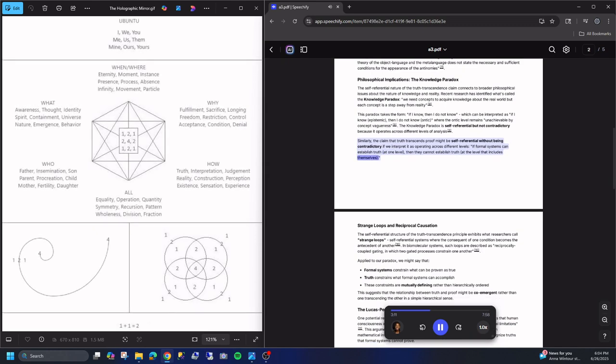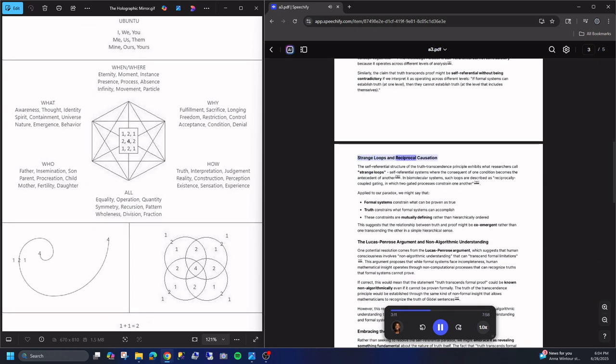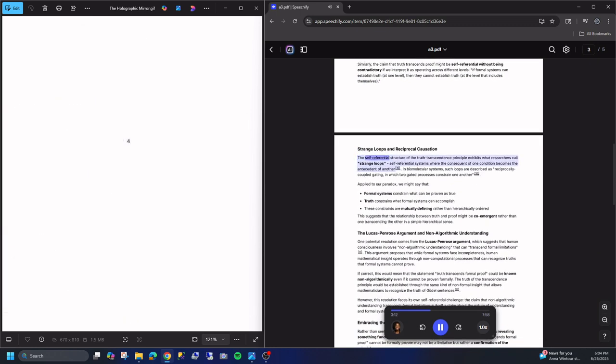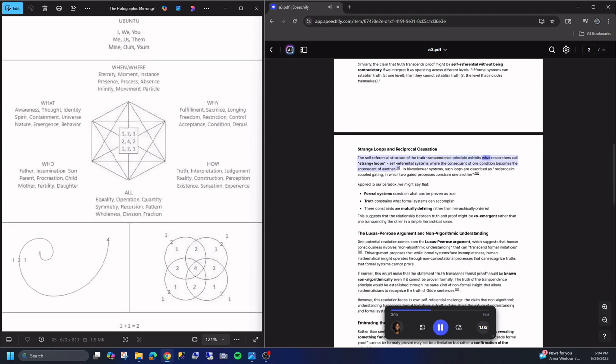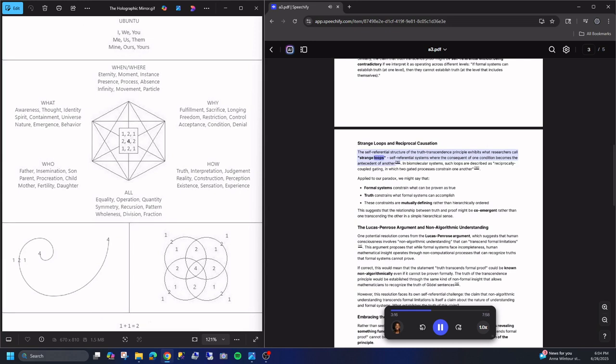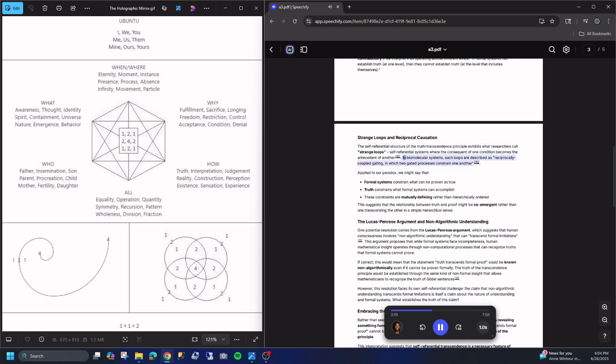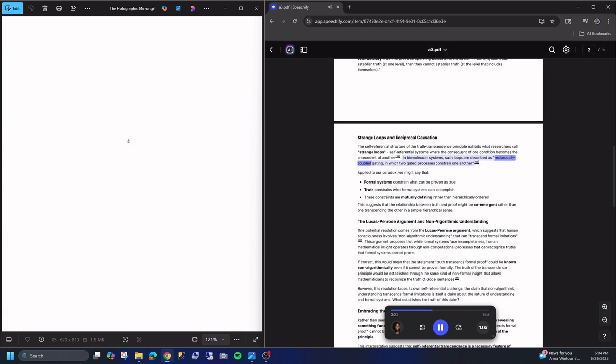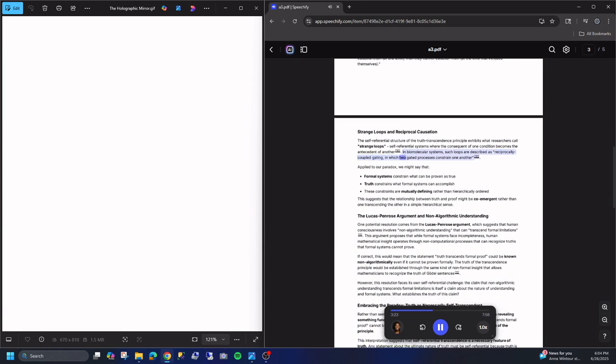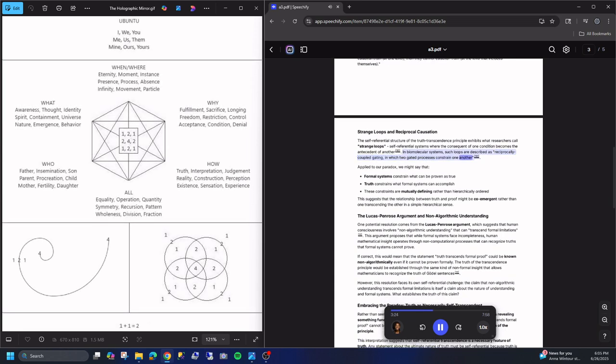Strange loops and reciprocal causation. The self-referential structure of the truth transcendence principle exhibits what researchers call strange loops: self-referential systems where the consequent of one condition becomes the antecedent of another. In biomolecular systems, such loops are described as reciprocally coupled gating, in which two gated processes constrain one another.